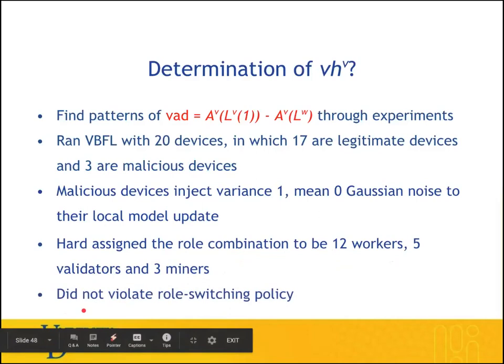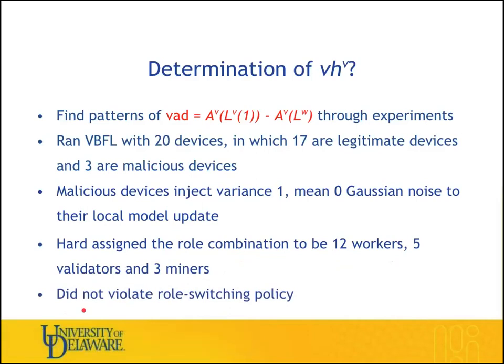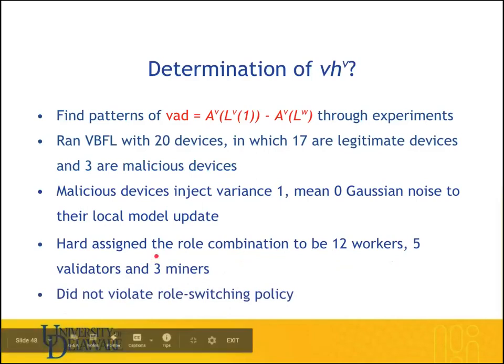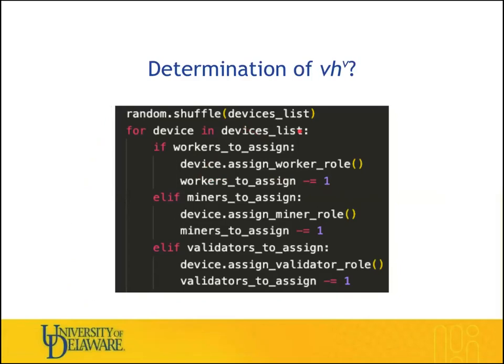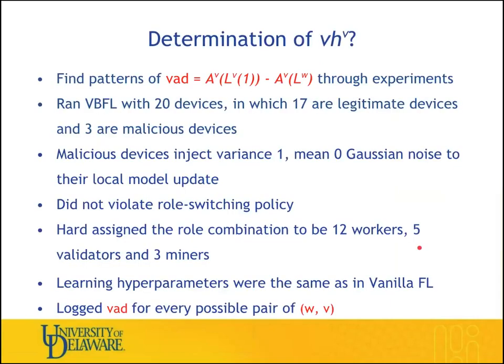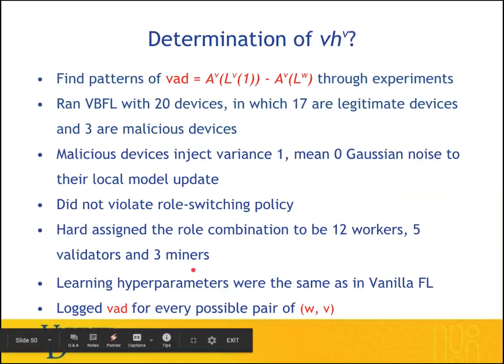Notice that fixing this role combination did not violate the role switching policy, because the implementation of this is to shuffle the device list at the beginning of a communication round and assign the devices' roles in order based on this combination. So here is 12, 3, and the remaining value, 5. So it did not violate that role switching policy.